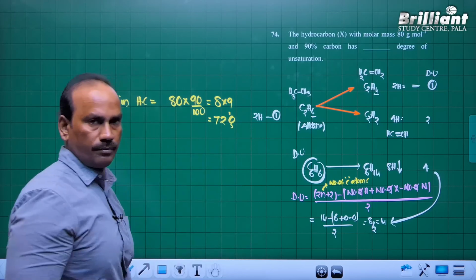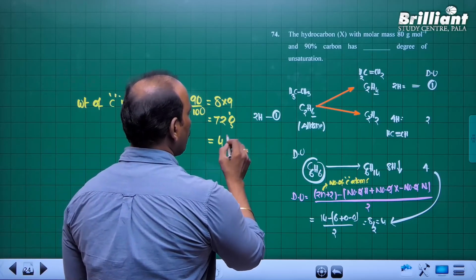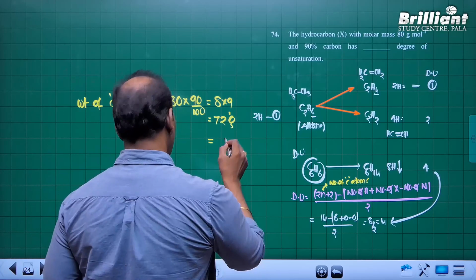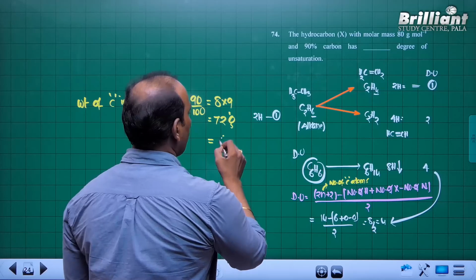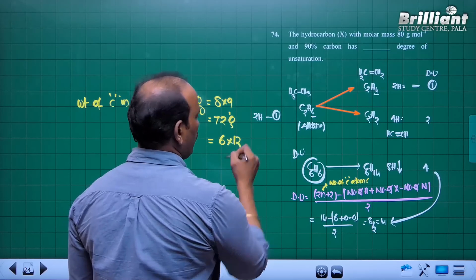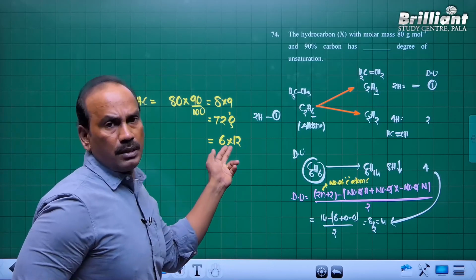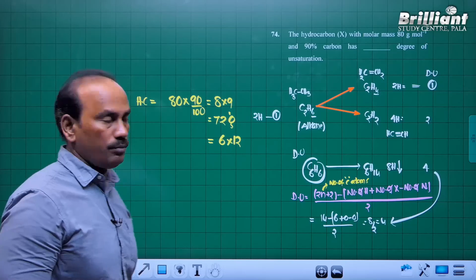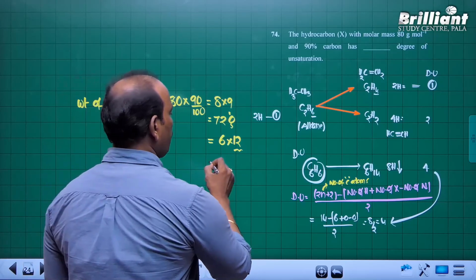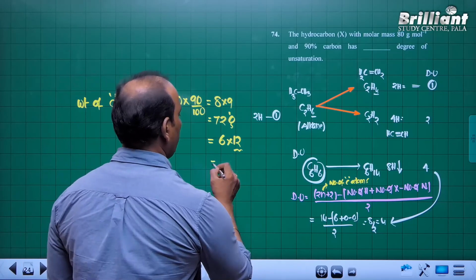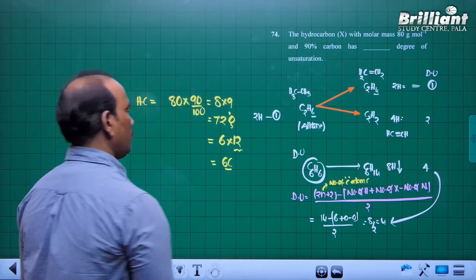Is it clear? 72 divided by 12, since 12 means 1 carbon, means the compound has 6 carbons.